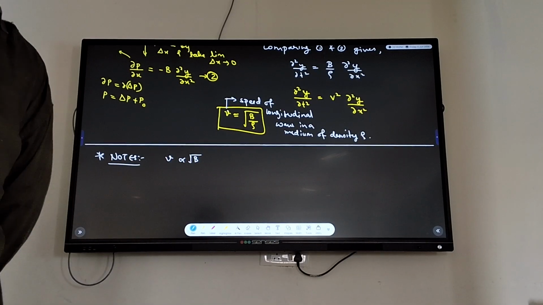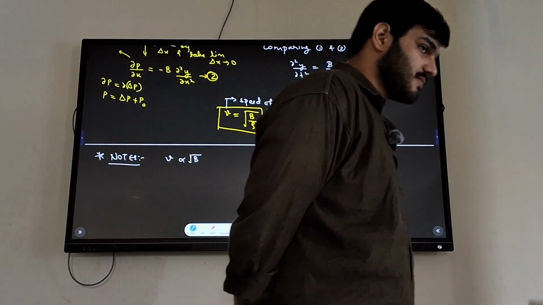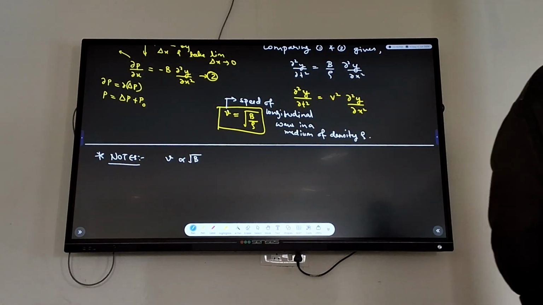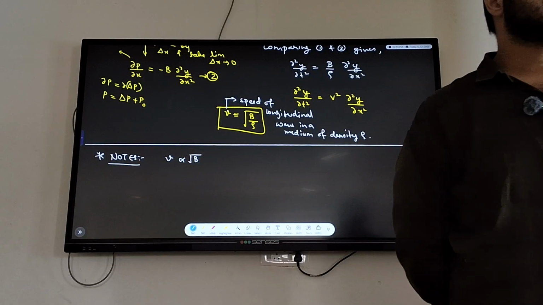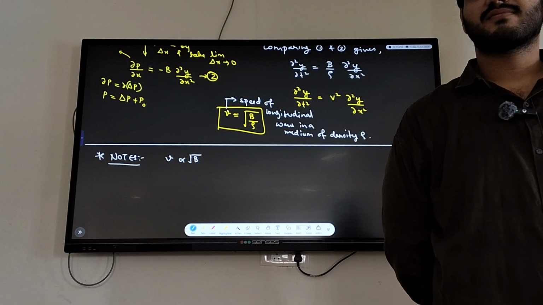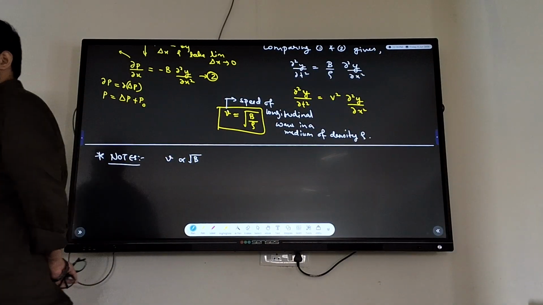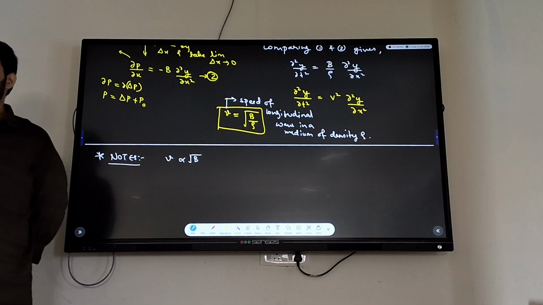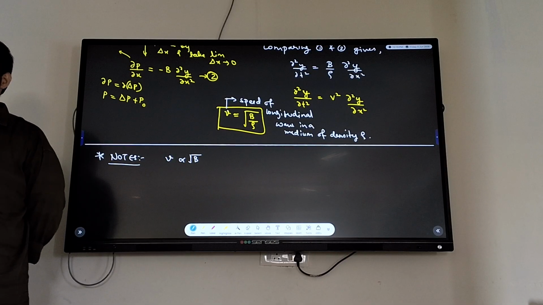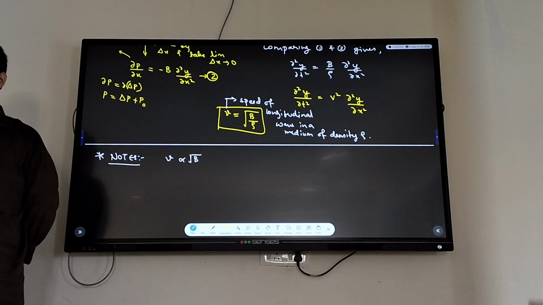What is that pressure by volume? Any answers? Isothermal? What do you mean by isothermal, isobaric? It depends on the isothermal process or isobaric process specifically.